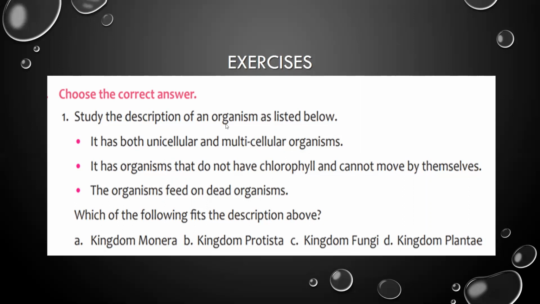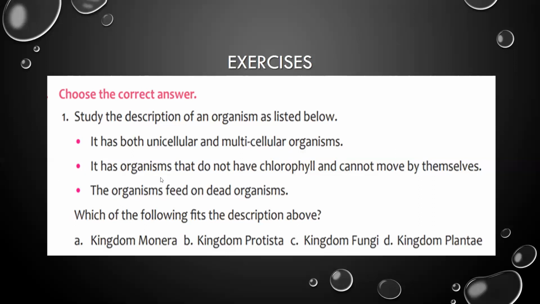Number 1. Study the description of an organism as listed below. Number 1: it is both unicellular and multicellular organisms. What is unicellular again? If we say unicellular, they are organisms with a single cell. And if you say multicellular, they are organisms with two or more cells.